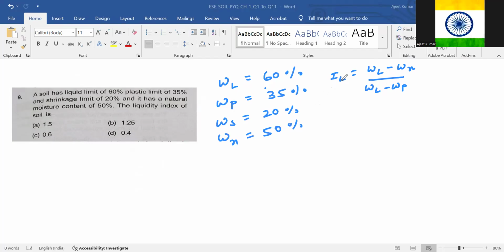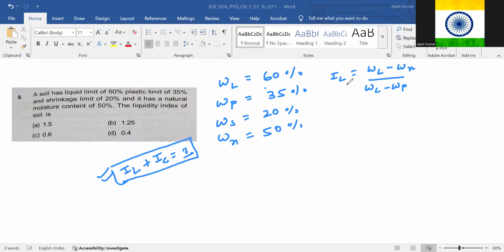And liquidity index and consistency index, if you sum these two, you will get 1: IL plus IC gives 1. Remember this.